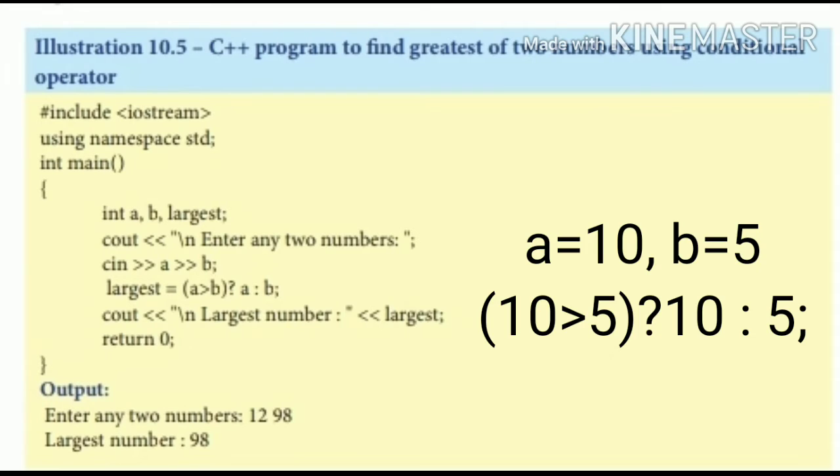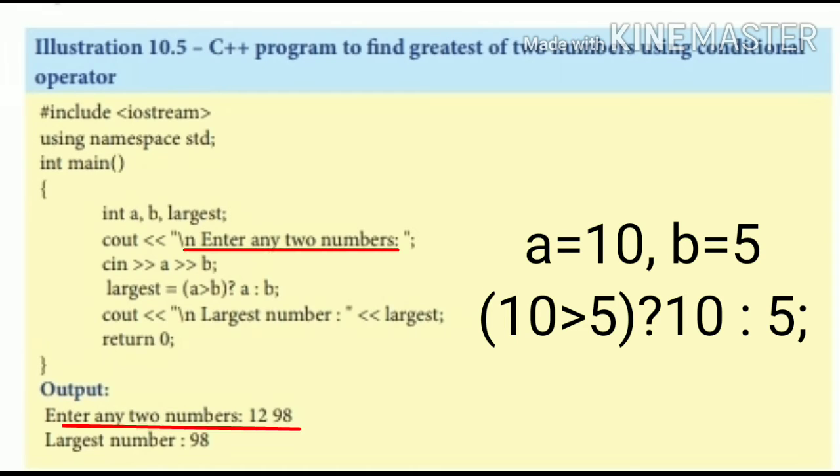For example, a equal to 10, b equal to 5, and we check the condition a greater than b, that is 10 greater than 5. If the condition is true, 10 is largest, that is the output of this program. Otherwise the output is that 5 is largest. Is the condition 10 greater than 5 true or false? True. So the output is the largest number equal to 10.